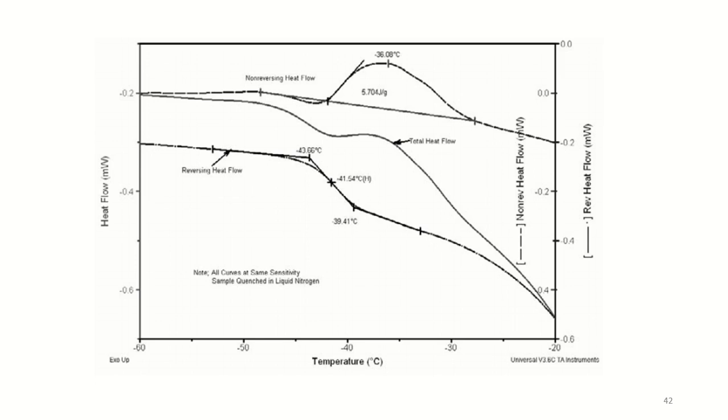Moreover, it gives a flat and reproducible baseline and increased sensitivity with increased resolution, and it is quite helpful for the separation of complex transitions, more accurate measurement of crystallinity in semi-crystalline materials, and the direct measurement of heat capacity while programming temperature or holding it isothermal.